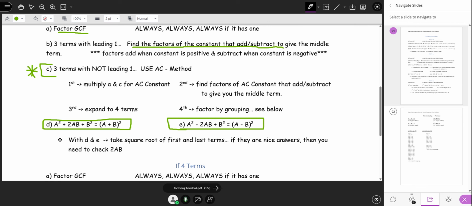With D and E, take the nice square root of the first and the last terms, and then what you do need to do is check to see if the middle term works, or just go ahead and use it, and if it gives you, hey, this is the right answer, then don't worry about the rest of it.